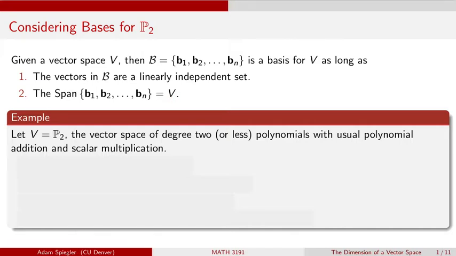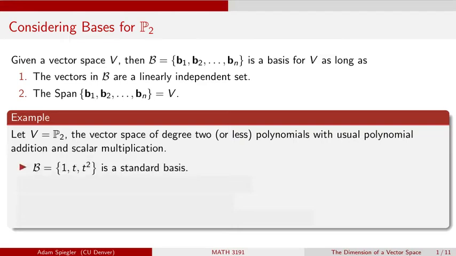So for example, we can take a vector space V, which is not actually column vectors, but consists of polynomials of at most degree 2, that we denote P2. And we're going to use the typical operations of how we add polynomials and how we multiply a polynomial by a scalar.